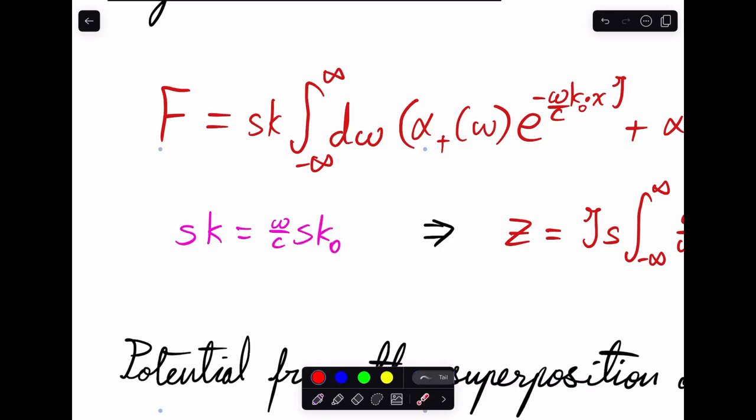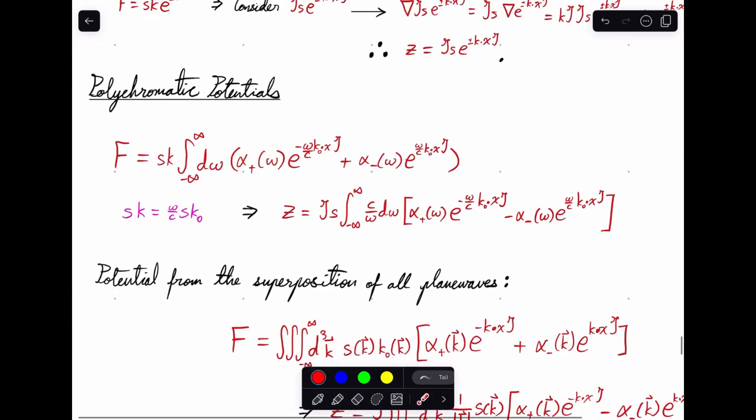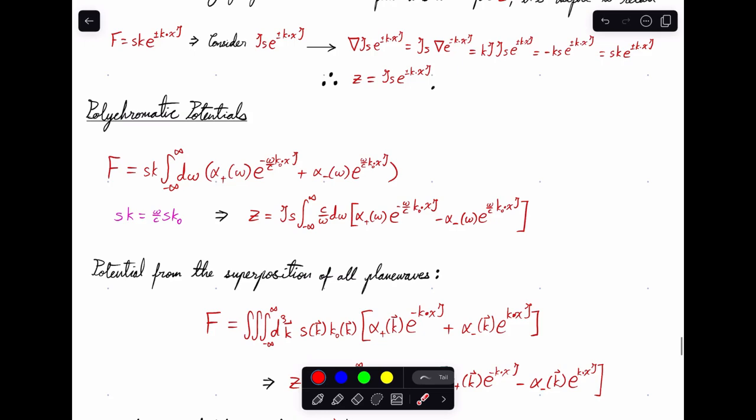The difference is that when the authors used the s here, the s did not contain omega over c, but when they're using it here, it does contain it. So this s here is equal to s times omega over c. It's a little confusing, but that's what they did.